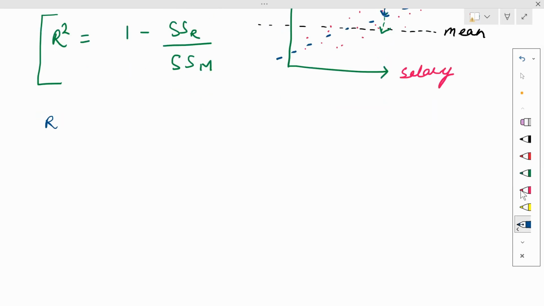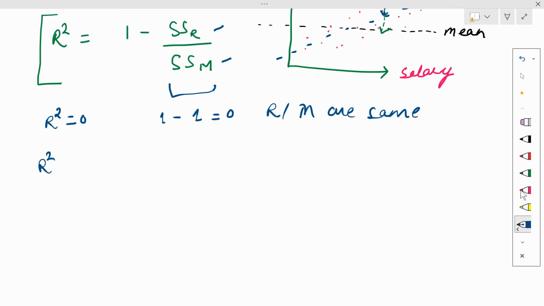Let's see when R square can be 0. To have a 0, we need to have the second term as 1. Then it will be 1 minus 1 is equal to 0. And the second term can be 1 only when these two values are equal, which means that our regression line and mean line are the same. The other case could be when R square is equal to 1.